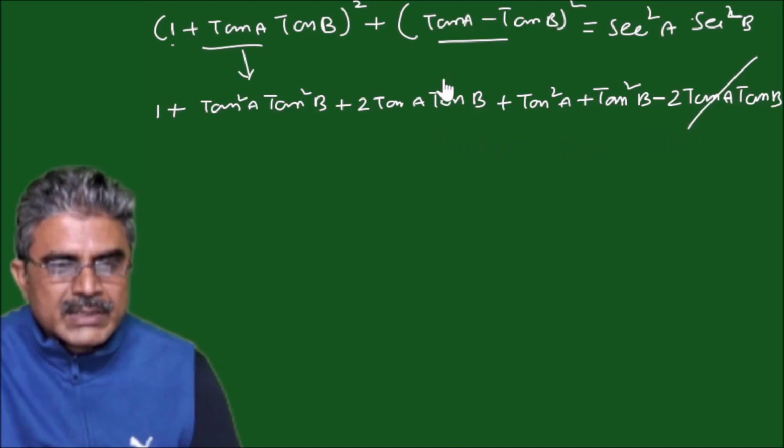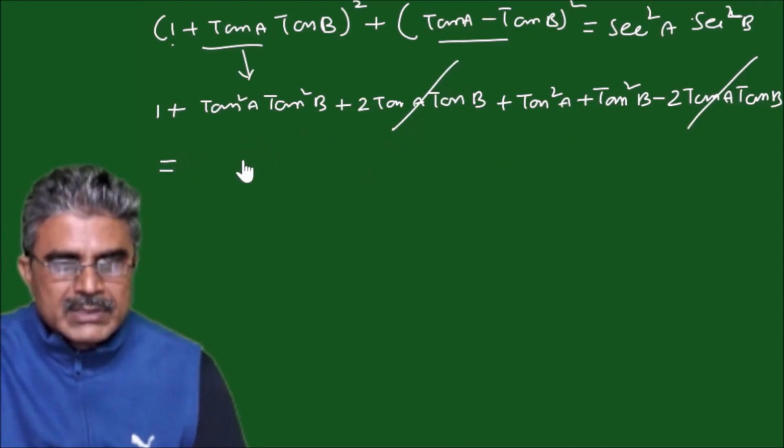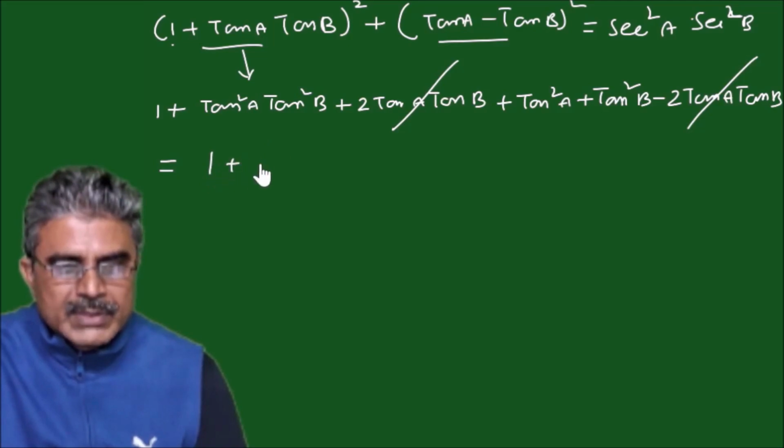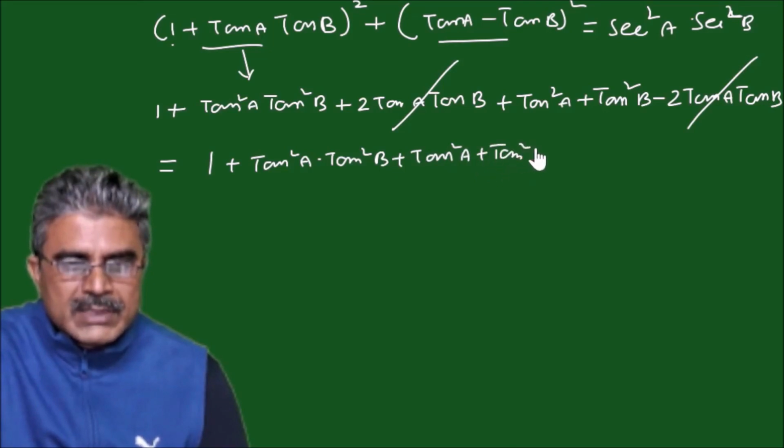So minus 2 tan a tan b plus 2 tan a tan b gets cancelled. The remaining thing is 1 plus tan²a tan²b plus tan²a plus tan²b.